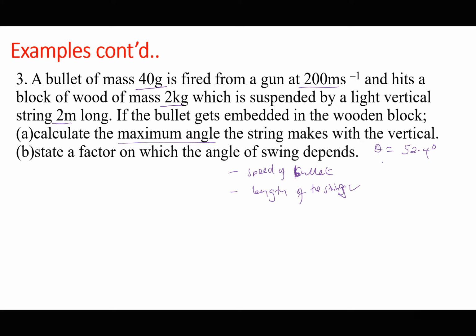So it depends on the length of the string and the speed of the bullet, because the speed of the bullet is determining h. So the angle is dependent on those factors. But I said, if you're doing Cambridge, you may not find details of such questions in your exams.